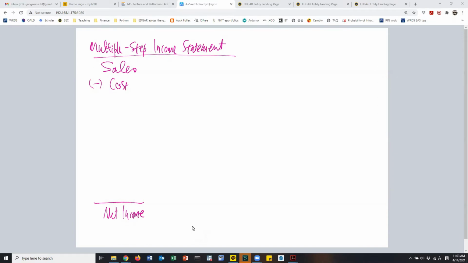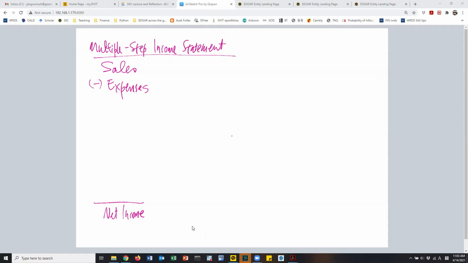That is, so far, with the income statement, or single step income statement, we have seen distinguished expenses from sales, expenses from revenue. And then just the difference between these two is called net income.